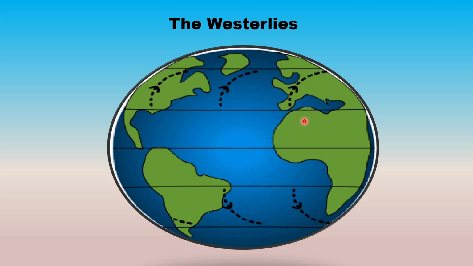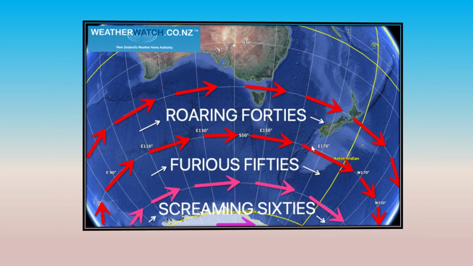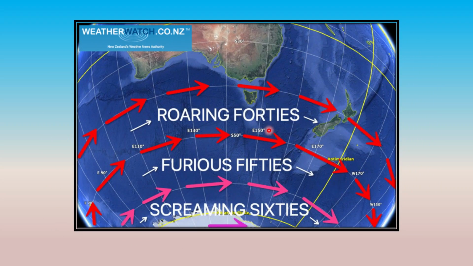They are more constant in the southern hemisphere, where there is lack of land, because in the southern hemisphere we have large expanses of water than land.